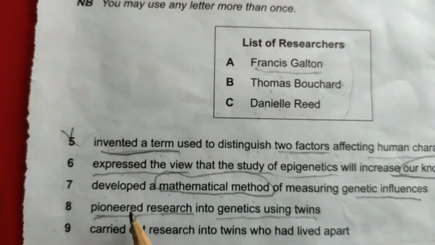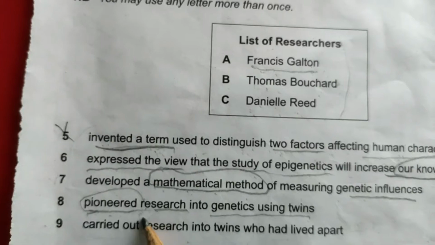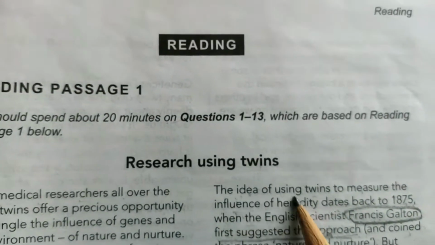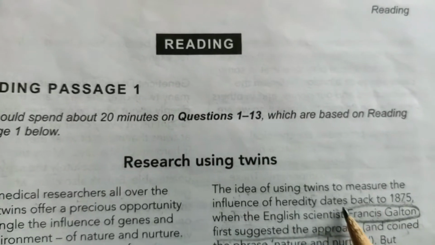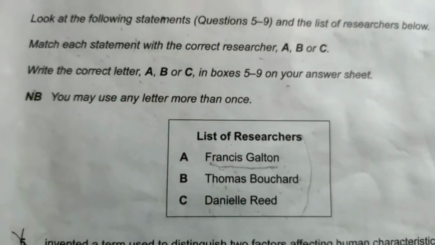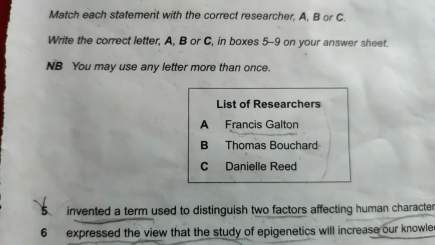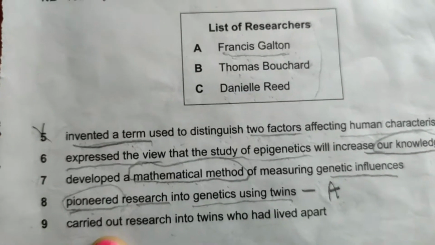Always look for the dates or something, like whenever the word pioneered has been given in the questions. So the idea of using twins to measure the influence of heredity dates back to 1875 when the English. For this the answer will come directly, for eighth, A, Francis Galton.